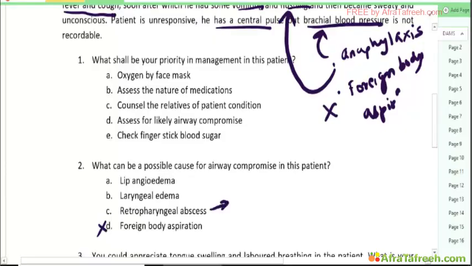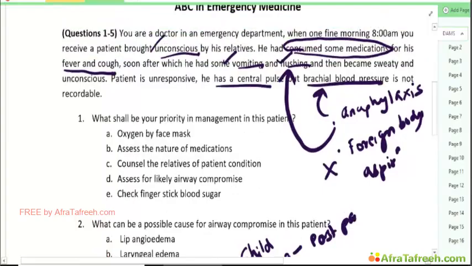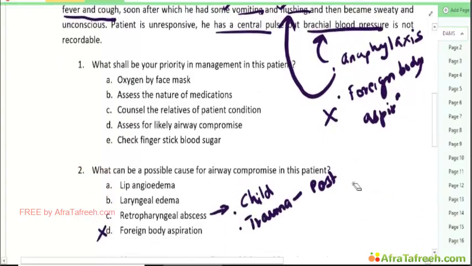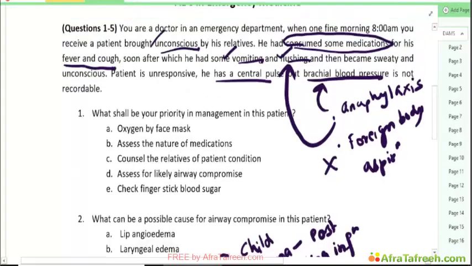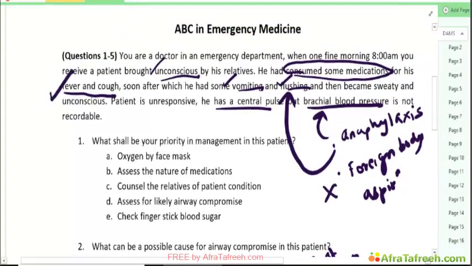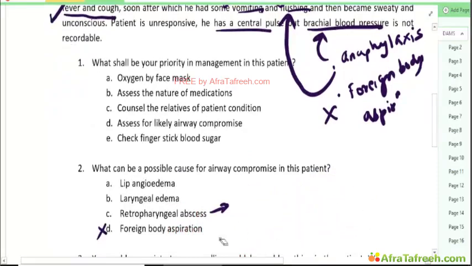Retropharyngeal abscess is usually seen in children and young adults after a trauma directly to the posterior pharynx or a spreading infection. Now, though the patient had fever and cough, immediately after taking some medication the patient deteriorated, which is not usually the time course for retropharyngeal abscess. So even retropharyngeal abscess is out.